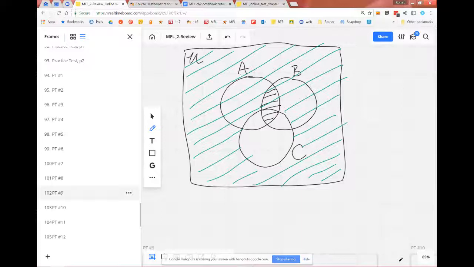In A, B, and C where it unites in the middle? Yeah, but they don't overlap in that very inner part. Can you see the answer would just be in that part right there? Yes. Okay, if that's what you meant, that is correct. So that is now A intersect B intersect C complement.